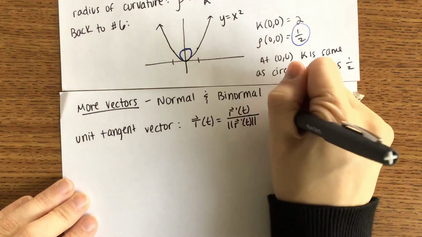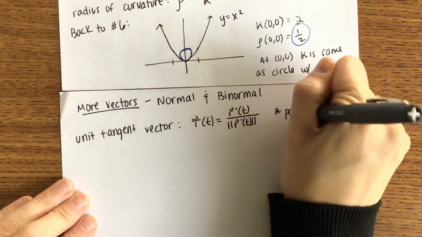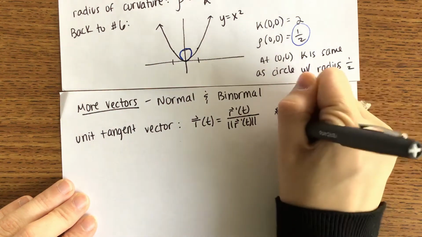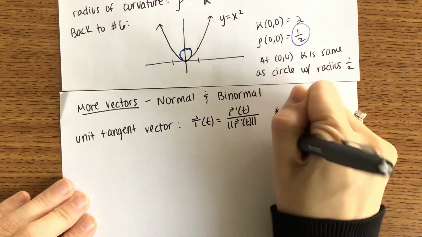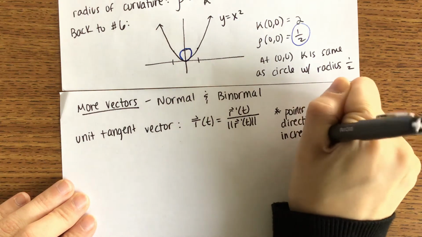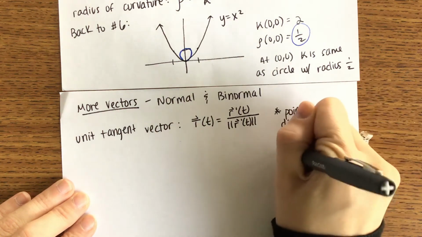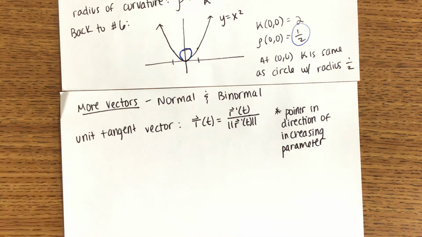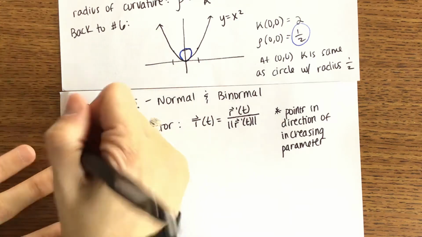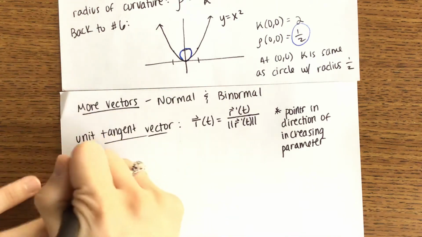The importance of the unit tangent vector is that it points in the direction of increasing parameter. So that's the first one, the unit tangent vector. We already talked about that one.